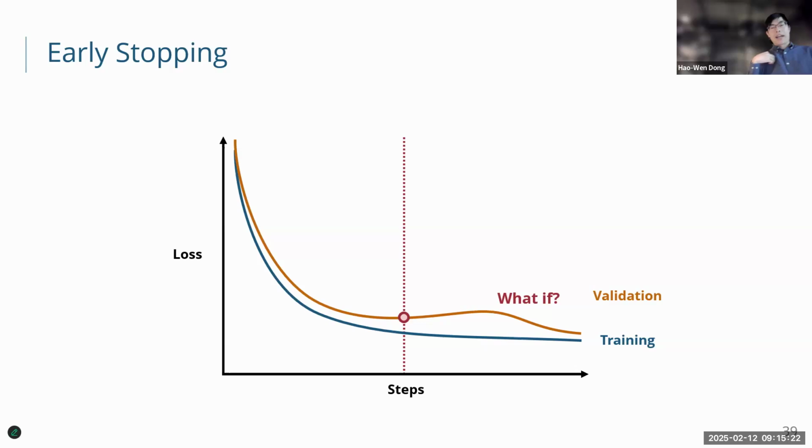Either you use a larger tolerance so that you wait longer, or just don't use early stopping at all. Nowadays we have more advanced optimizers and more advanced training algorithms. They sometimes do not behave the traditional way.